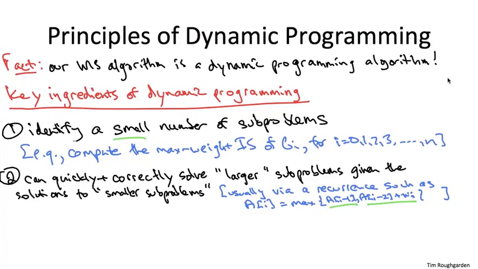The way this relationship between larger and smaller subproblems is usually expressed is via a recurrence, and it states what the optimal solution to a given subproblem is as a function of the optimal solutions to smaller subproblems. And this is exactly how things played out in our independent set algorithm. We did indeed have a recurrence. It just said that the optimal value, the max weight independent set value for G sub i, was the better of two candidates.